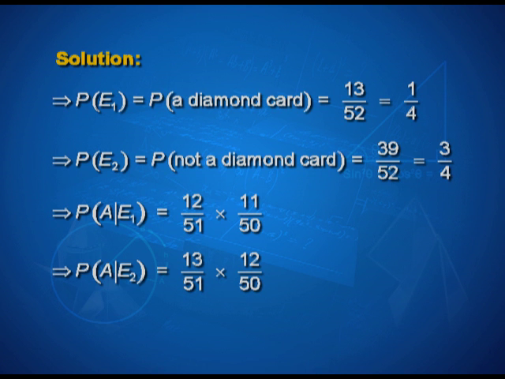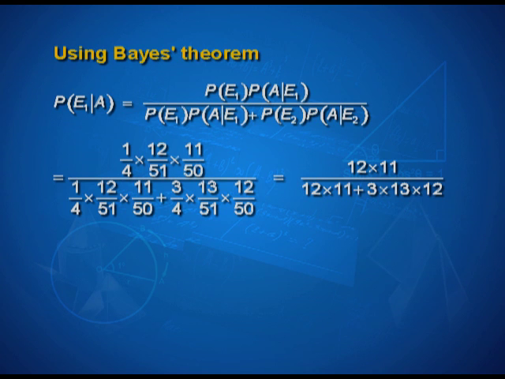We want to find the probability of E1 given that A has happened. That is where Bayes theorem comes in. Same result, you just need to plug in the values that we had calculated. In this case, probability of E1 is 1 by 4, probability of E2 is 3 by 4. Probability of A given that E1 or E2 has happened is the product of the first card being diamond and second card being diamond, knowing whether a diamond is lost or not.